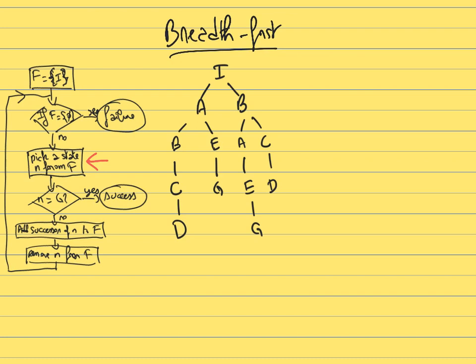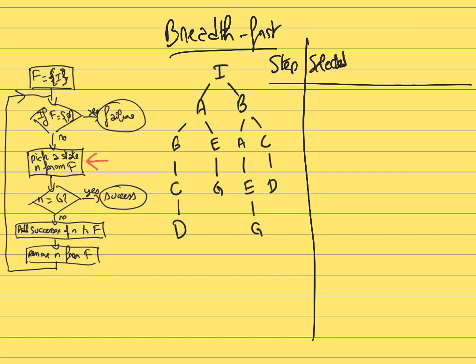The way we are going to illustrate what this algorithm is doing is to keep track, at each step, of several things: the selected node, so the node that is visited by the algorithm, and how the frontier F is changing.